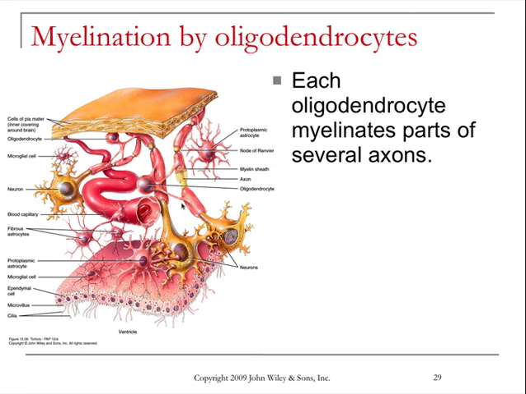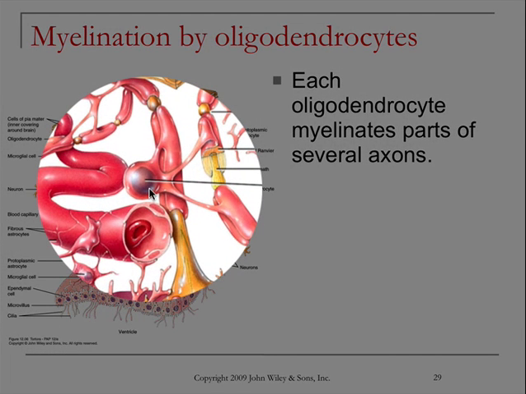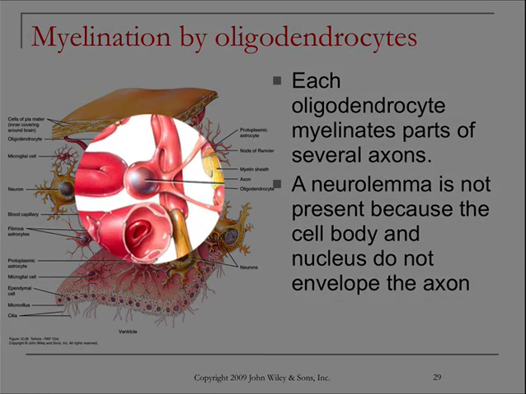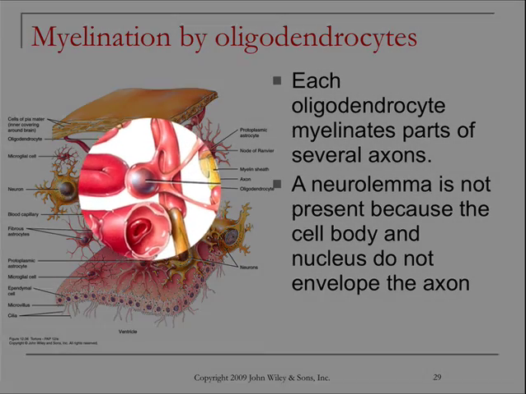Let's now take a look at myelination produced by oligodendrocytes. As we can see in this picture that we've seen before, each oligodendrocyte myelinates parts of several axons. And in the case of myelin sheaths produced by oligodendrocytes, there is no neurolemma, the outer layer, because the cell body and nucleus of the oligodendrocyte do not envelop the axon.